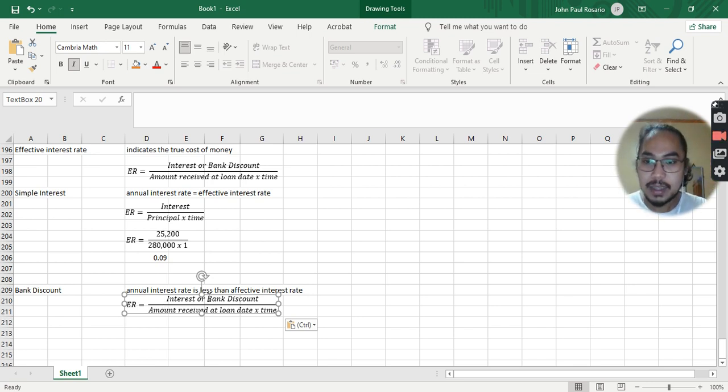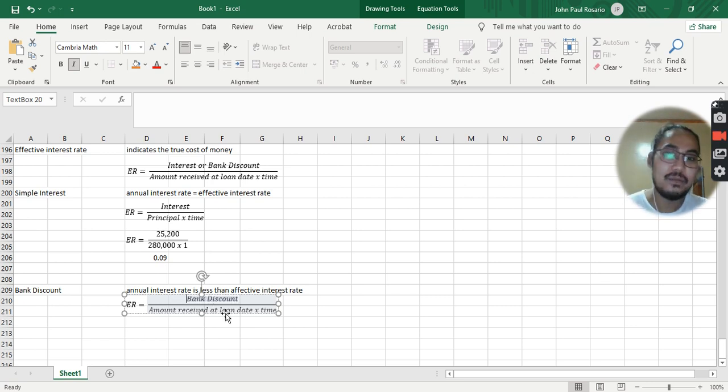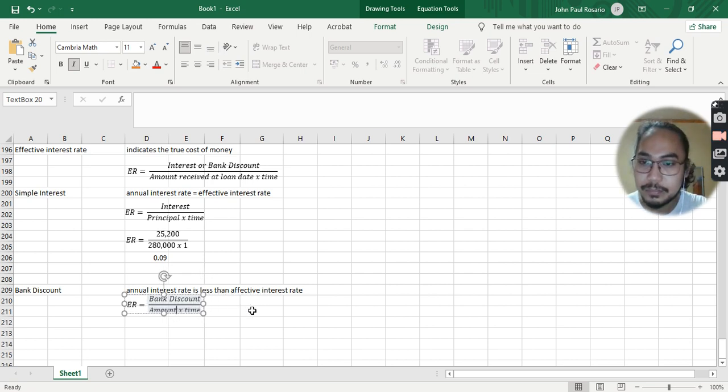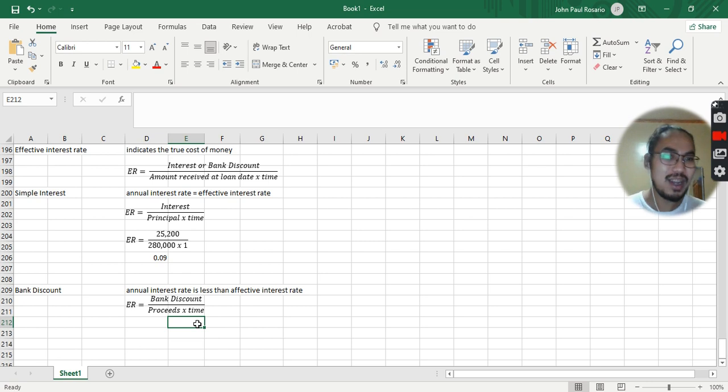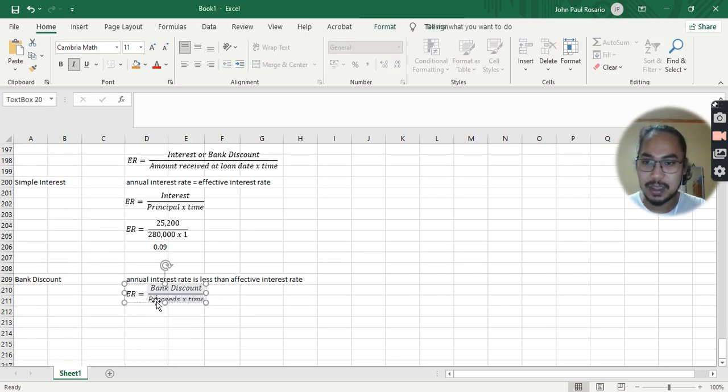So with bank discount, the interest disappears. And then, what amount did you receive at the loan date? The amount you receive at the loan date is what you call the proceeds. Proceeds.